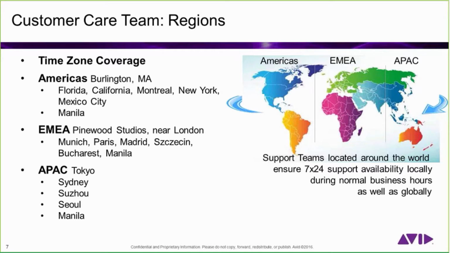And in addition to those offices, we have people in places like Florida, California, Montreal, New York, Mexico City, in the Americas, and in EMEA, we provide language support, for example, in places like Munich in Germany, Paris, France, Madrid in Spain, and we also have some offices in Szczecin in Poland, Bucharest in Romania. Then APAC, we have a similar language-based issue, if you like, so we need offices in various places in APAC.